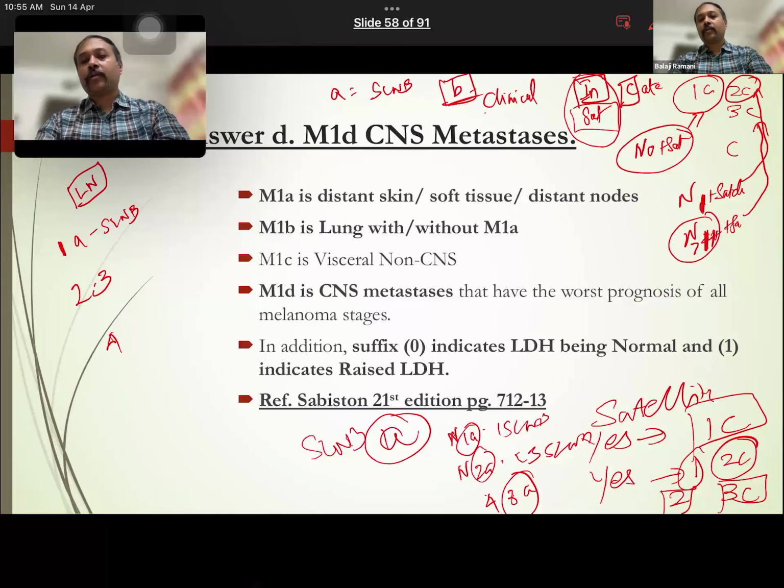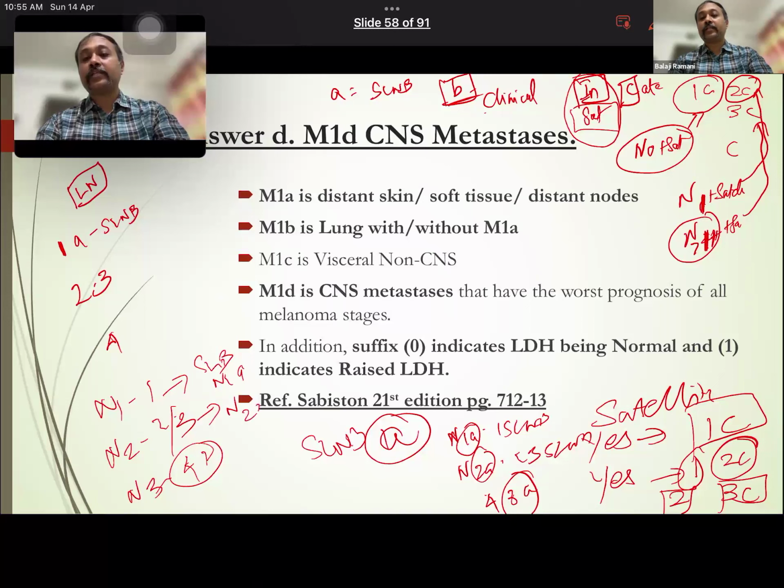So remember, N1 is 1, N2 is 2 to 3, N3 can be 4 plus. If everything is by SLNB, then it is N1A. Again, 2 to 3 SLNBs, then that is N2A. If it is 4 plus SLNBs, then it is N3A. Everything by SLNB.